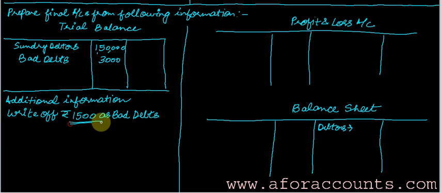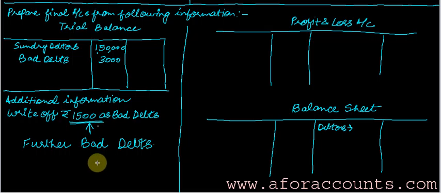Now additional 1,000, I will call it further bad debts. So for this 1,500, I will give a dual effect because it is placed in additional information, and for this 3,000, only a single effect because it is placed in the trial balance.